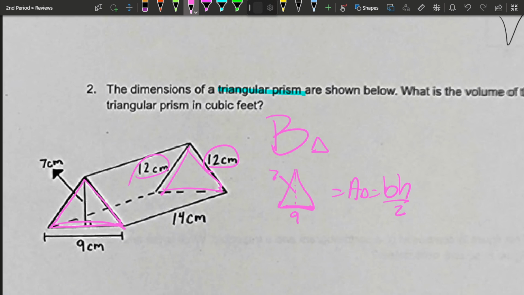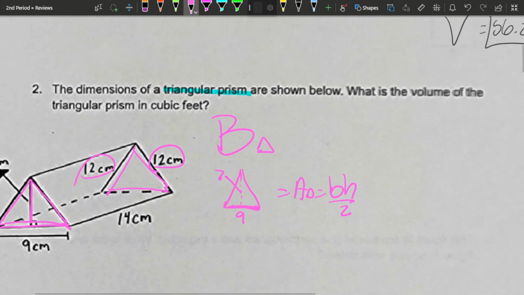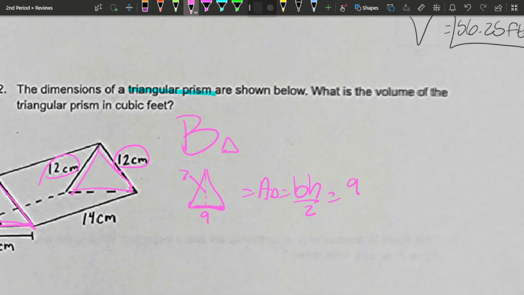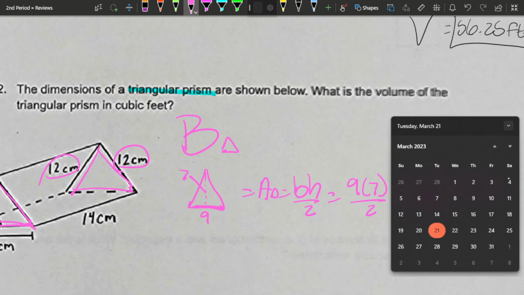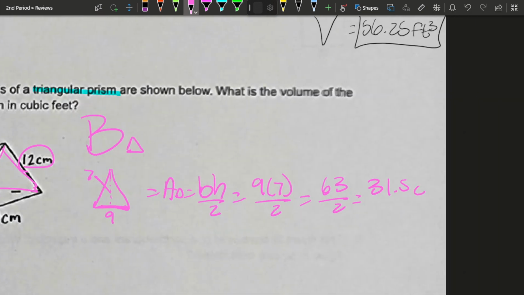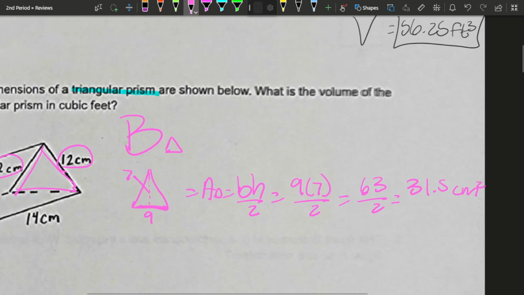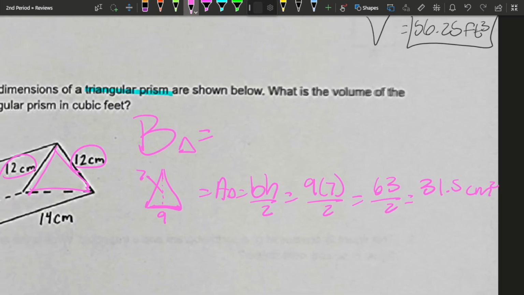All the heights have to be vertical, which in this case is the zipper for the tent, not the walls. Okay? So we're going to use these two numbers, which is going to be 9 times 7 divided by 2, which is 63 divided by 2, which is what? 31.5 centimeters squared.